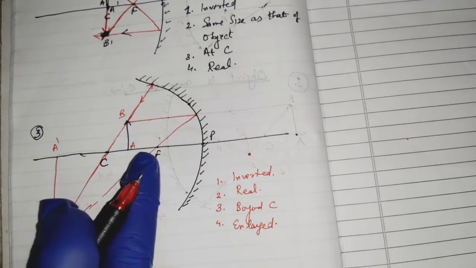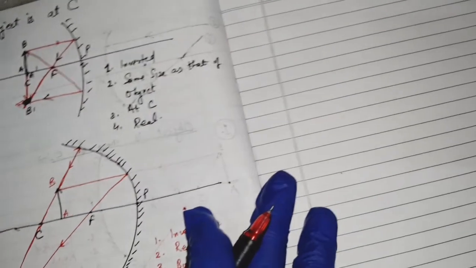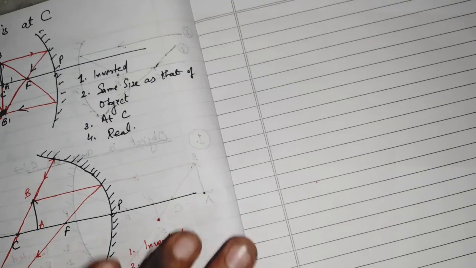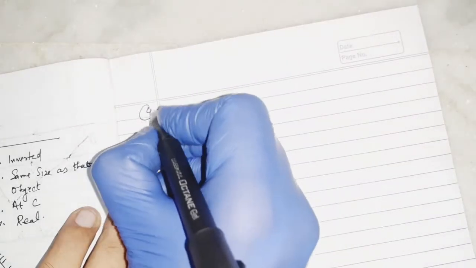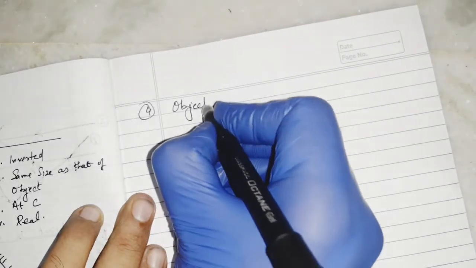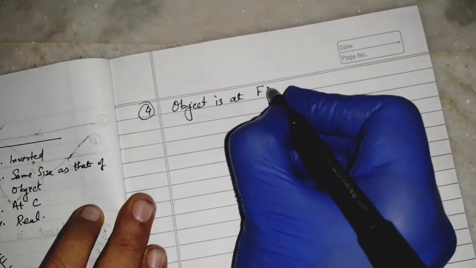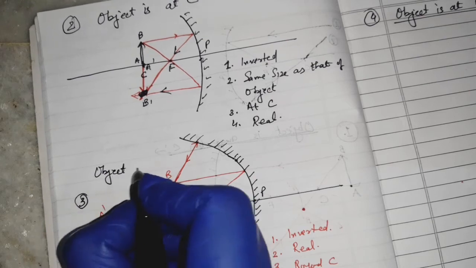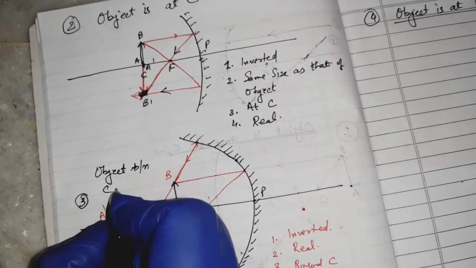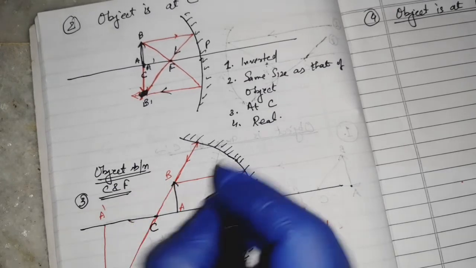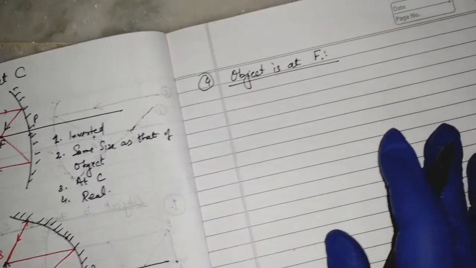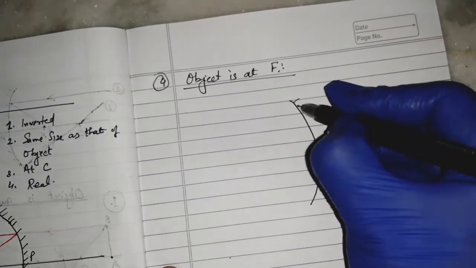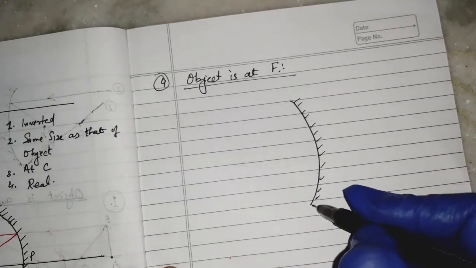Now I am taking the case where the object is at F. So the 4th case I am going to take where the object will be placed at F. In the 3rd case the object was between C and F. Now we are taking the object at F. This is a concave mirror.